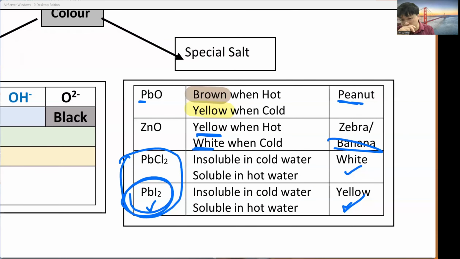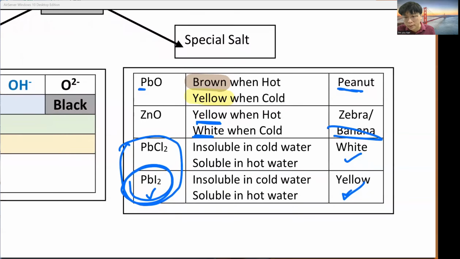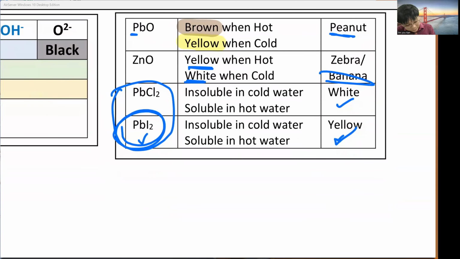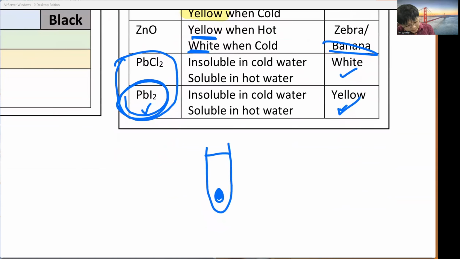These two, the special thing is that they are not soluble in cold water, but they will be soluble in hot water. Means what? Example, let's say inside here is PbCl2, and this one is PbI2, so I use yellow.